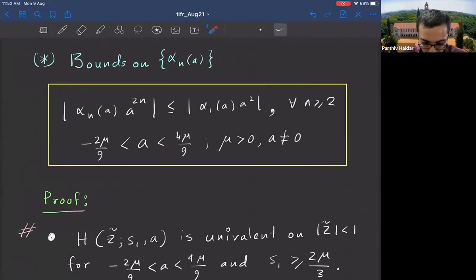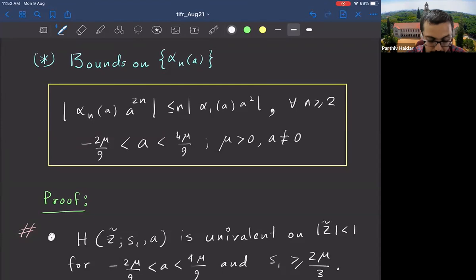So the central result for this section is this: alpha n times a to the power 2n is bounded by n times alpha 1 a by a square. So you cannot get a bound on alpha 1 as such.